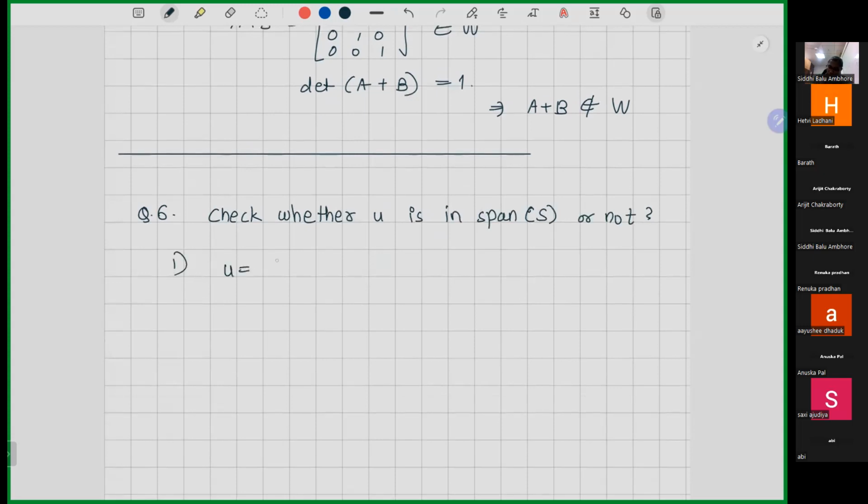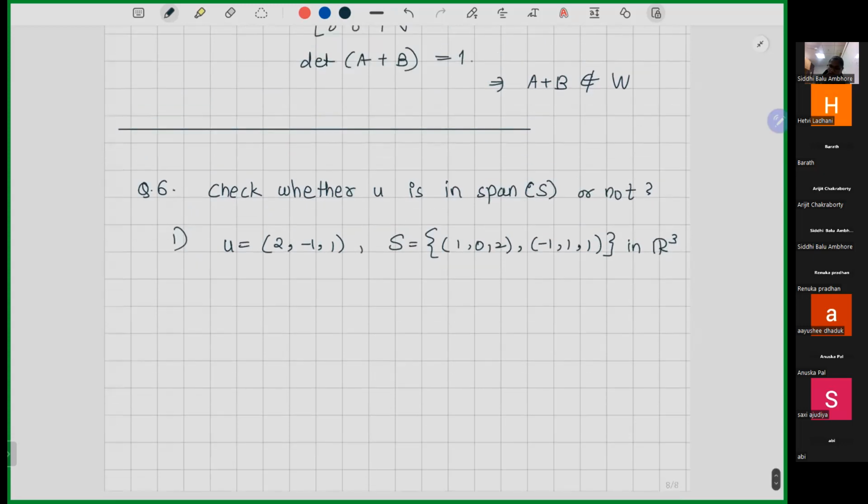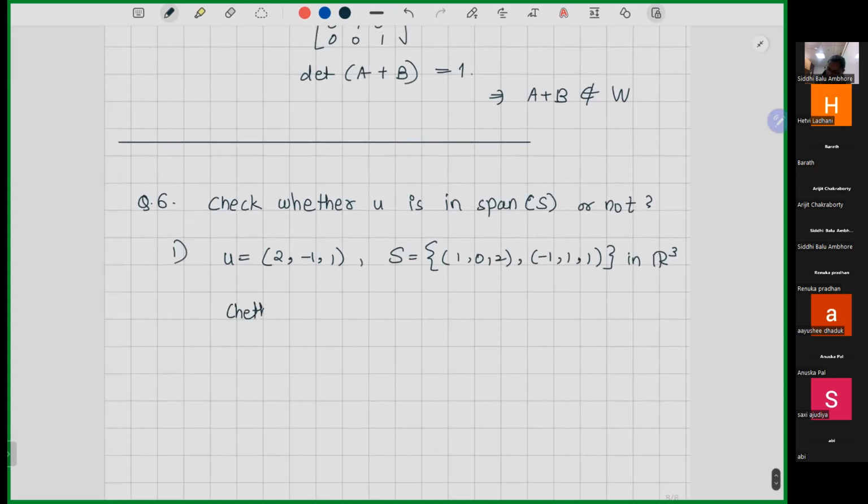Our U is the element 2 comma minus 1 comma 1, and my S is this set 1 comma 0 comma 2 and minus 1 comma 1 comma 1 in R3. Yes, it is a subset of R3. So we want to check whether U belongs to span of S or not.